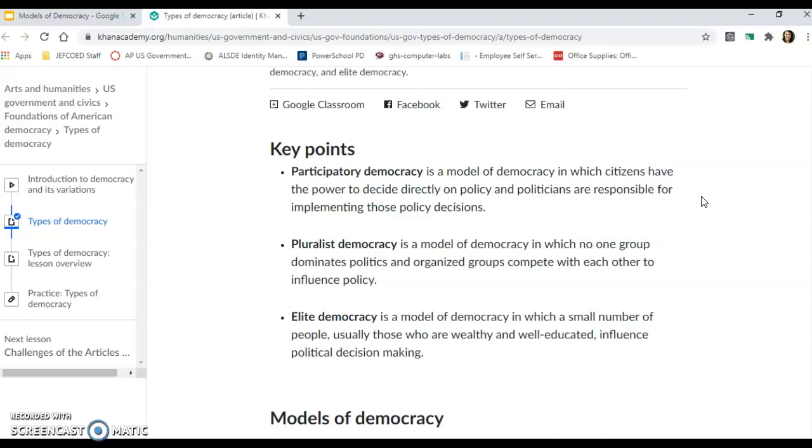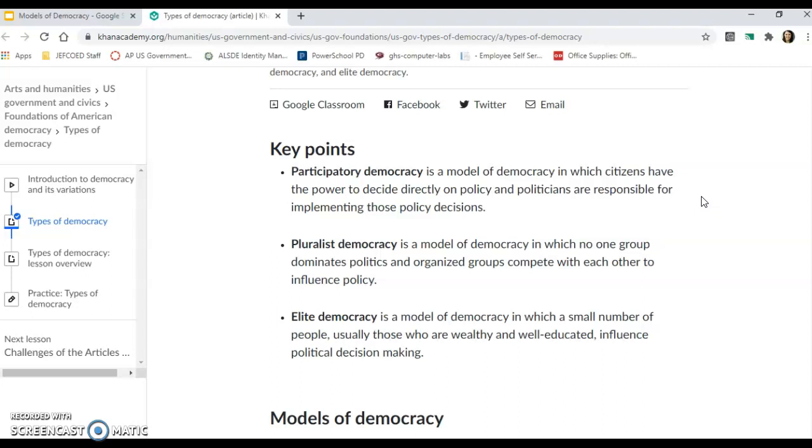The second model is the pluralist democracy. We also are going to group in hyperpluralism here as well, which was another term discussed in your textbook, which is basically just the pluralist model on steroids. So the pluralist democracy model is a model of democracy in which no one group dominates politics and organized groups compete with each other to influence policy.